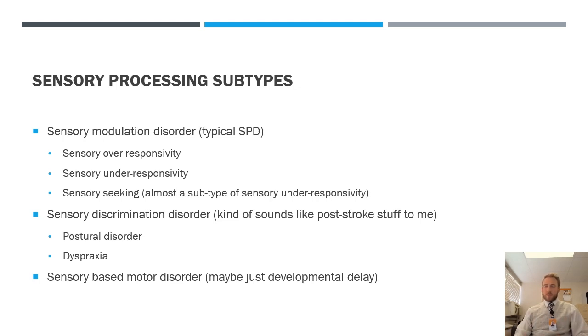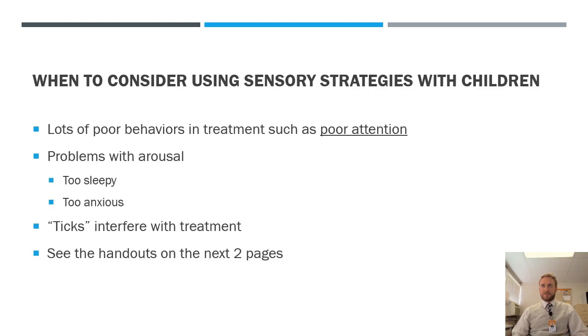I could see it being a way that people describe developmental delay as, oh, they're just not processing the information coming to them, which is why they're not moving appropriately. I don't know that there's a clear differentiation between the two. What I want you to understand from this is that most sensory processing disorders are a sensory modulation disorder, and it boils down to the over responsivity and the under responsivity.